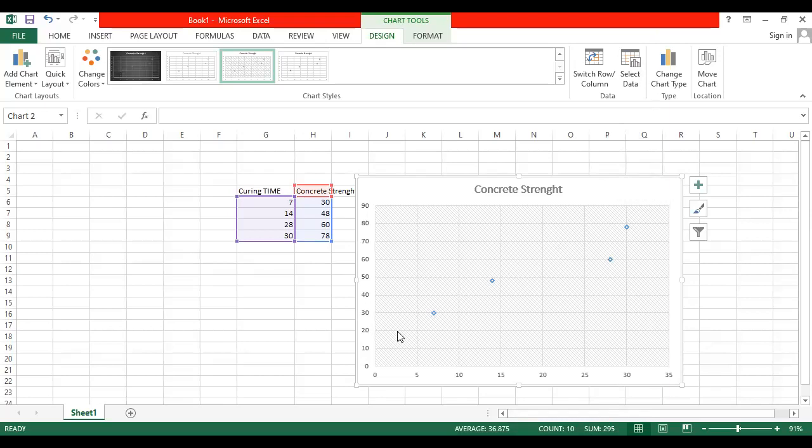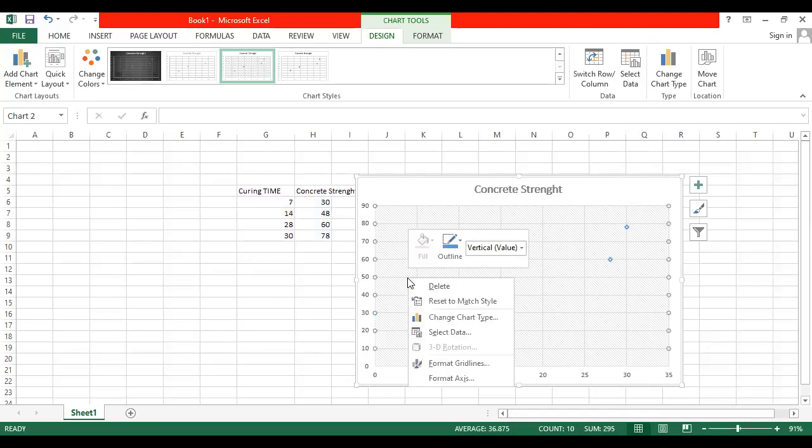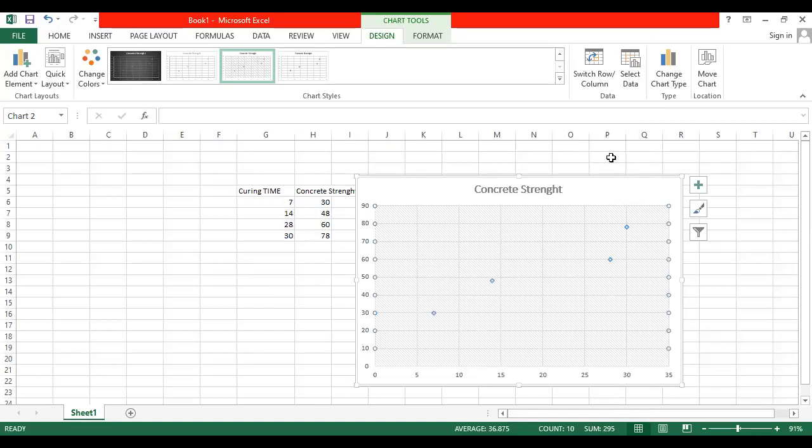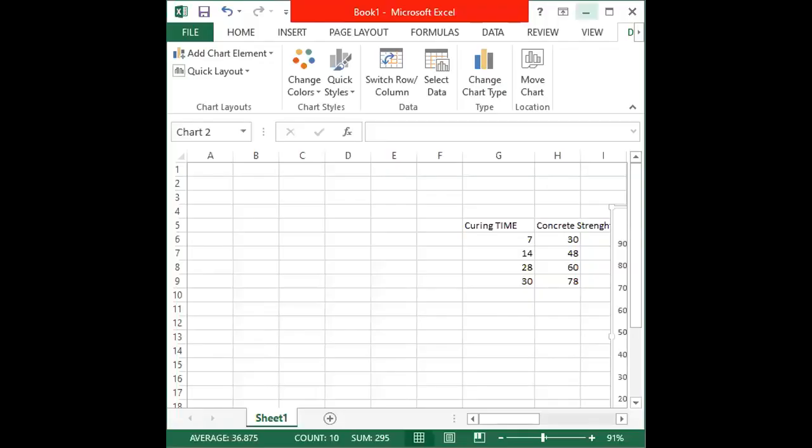I know there are options to put the regression equation to this. It has escaped me a little bit in Excel, but there are many software packages we can use for the same purpose. So let's go back to our slide.